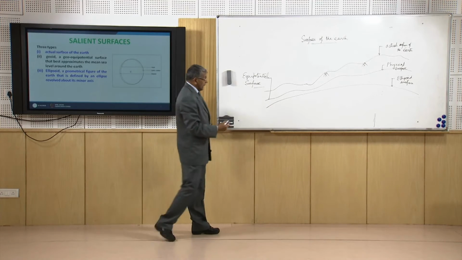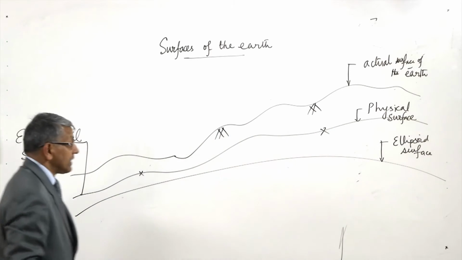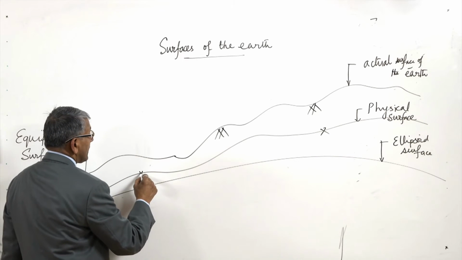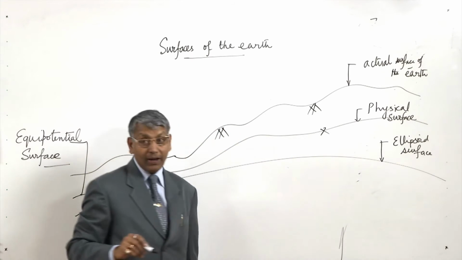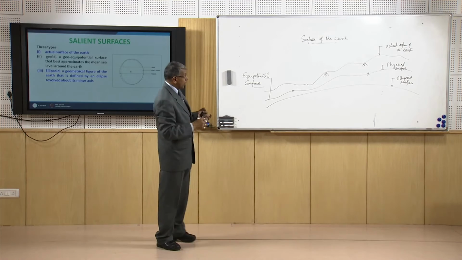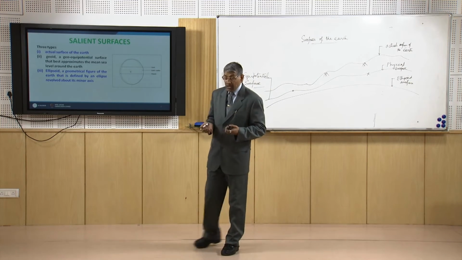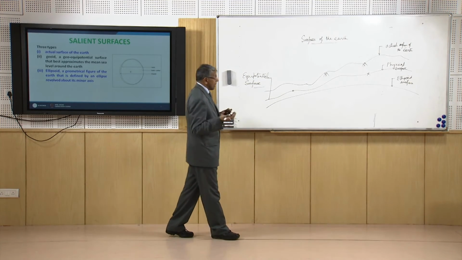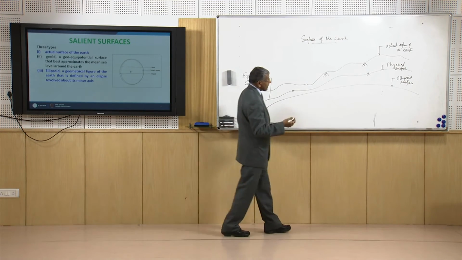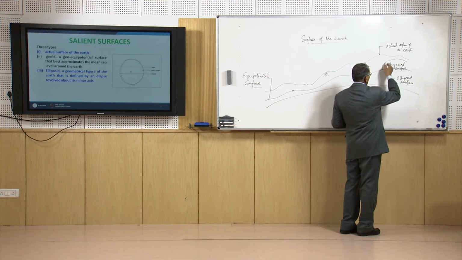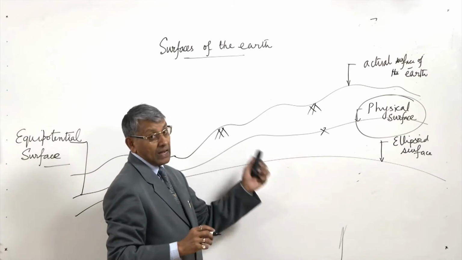That means if we consider one point here and another point there, there will not be any energy required to go from this point to that point, because these points are on an equipotential surface, and most of the engineering activity depends upon the gravity energy and all these things. So we represent the earth through this surface, and this is called the physical surface of the earth.